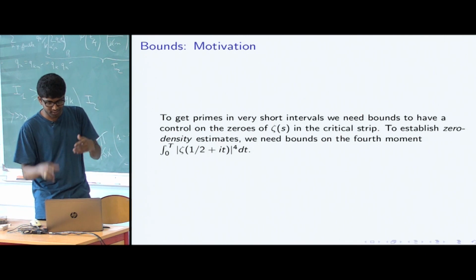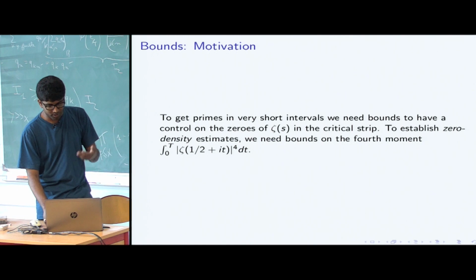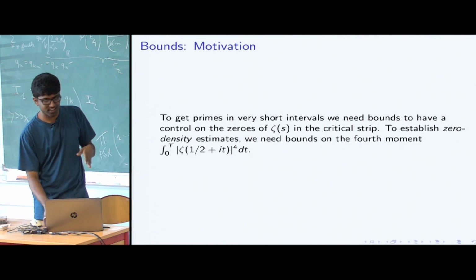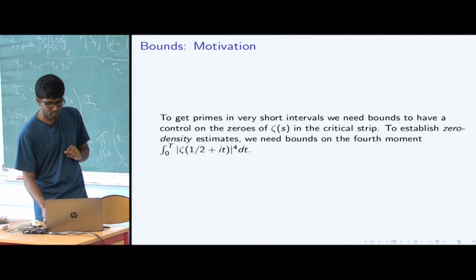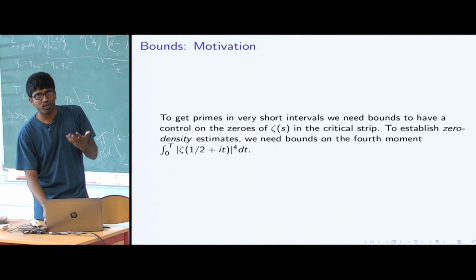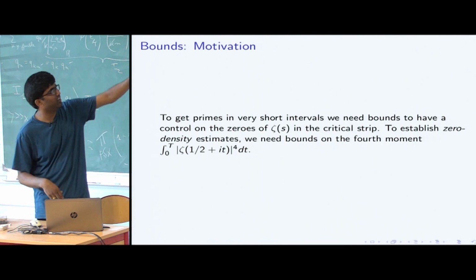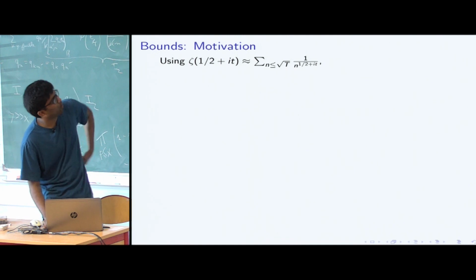For instance, for this particular problem, the current understanding of primes in short intervals, the best bound comes from this fourth moment of zeta function. So we need not only individual bounds, but bounds like averaged over t of the zeta function are also important. Okay, so let's see.